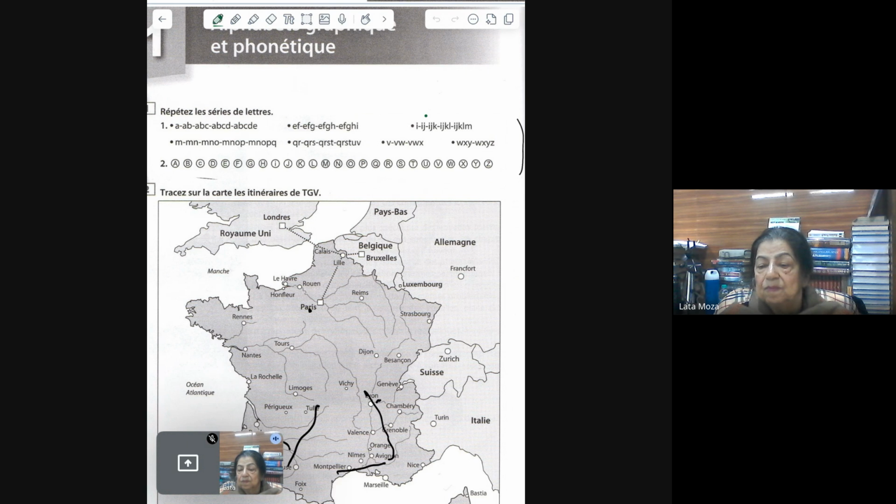Introduction, des lettres, des sons, des chiffres. Chapitre 1, alphabet graphique et phonétique. Exercice 1. 1.